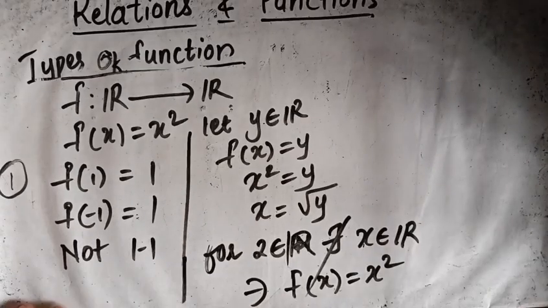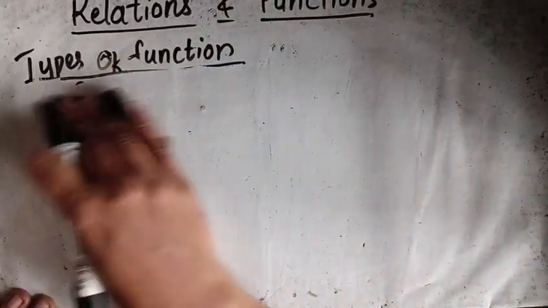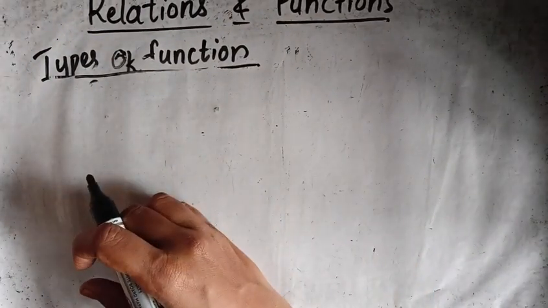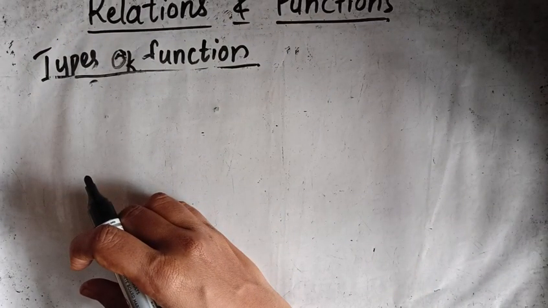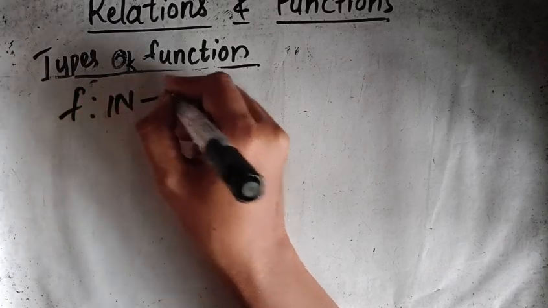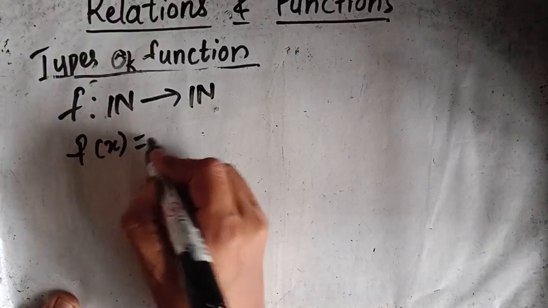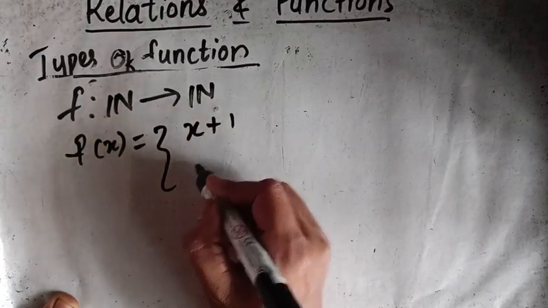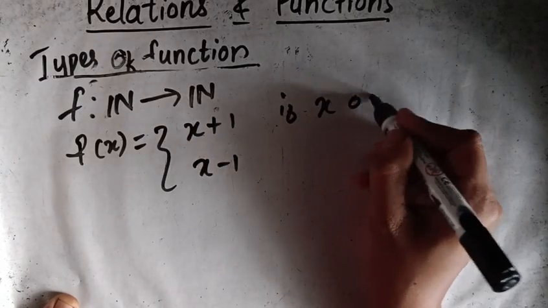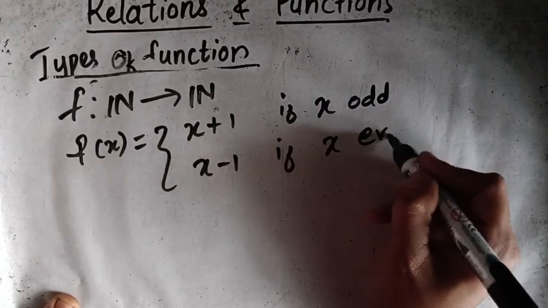Okay, next. You have to show that f from N to N is x plus 1 if x is odd and x minus 1 if x is even.